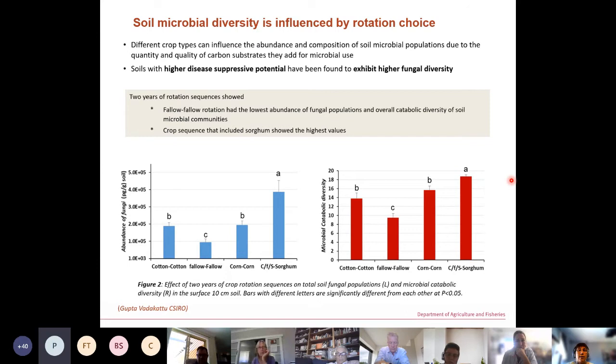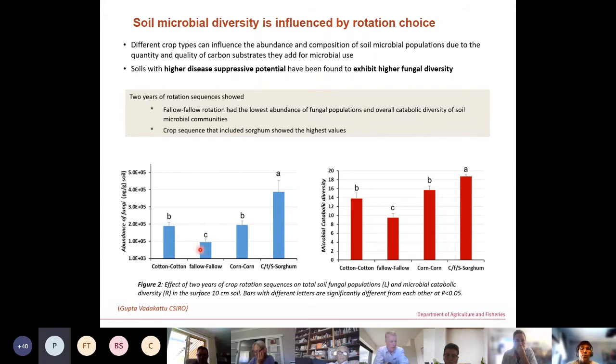Even though, yes, the Verticillium dahliae inoculum is being reduced, we're trying to understand what impact that has on the microbial composition and abundance in the soil. How do all these rotations impact the ability of a soil to be suppressive to disease?